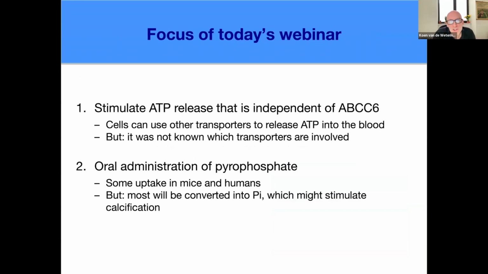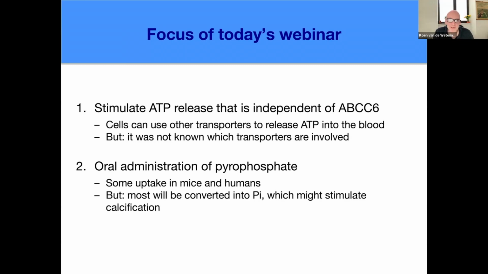Okay, but the focus of my webinar today is slightly different because we focused on something else. The first part will focus on testing the hypothesis that it's possible to stimulate release of ATP from cells that is independent of ABCC6.